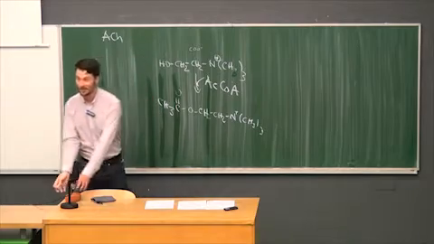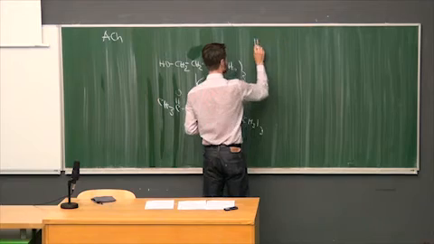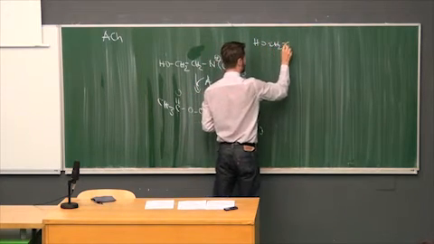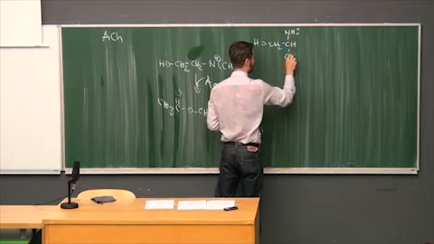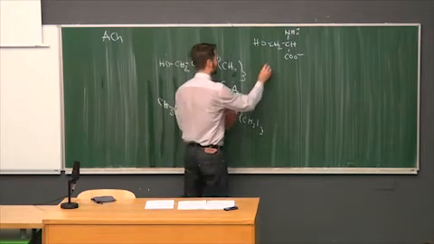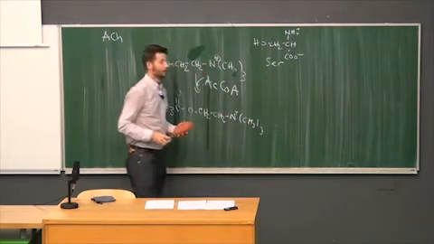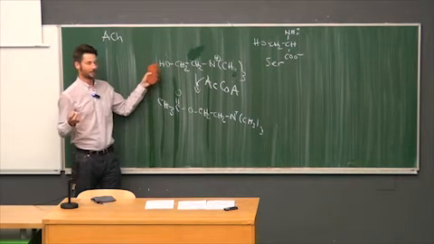Very good. We start with serine. Okay, this is serine, the amino acid. I'm sure you've met before. What do we need to do with serine in order to get this?